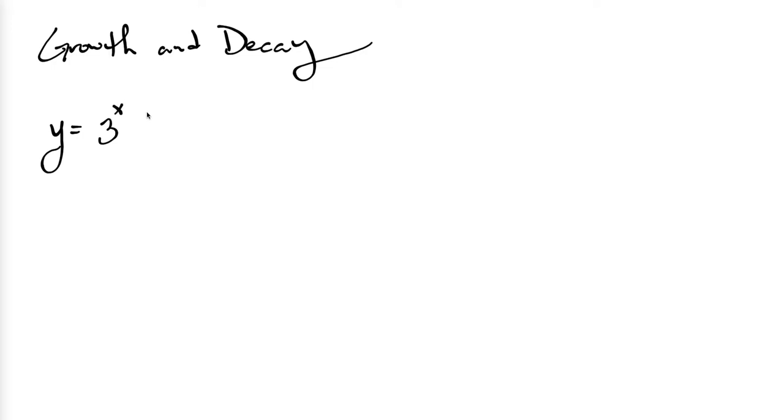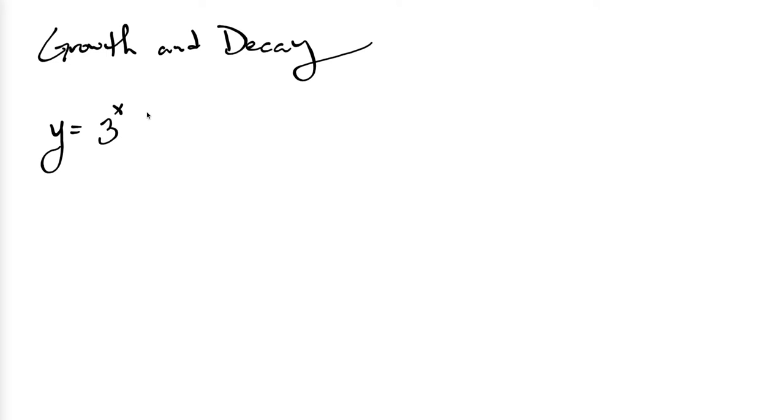Okay. 3 to the x. Who should we go with? Let's go with Dylan. How do we know if the answer's getting bigger or smaller? If there's a negative in front of the page. That's actually not a bad idea.